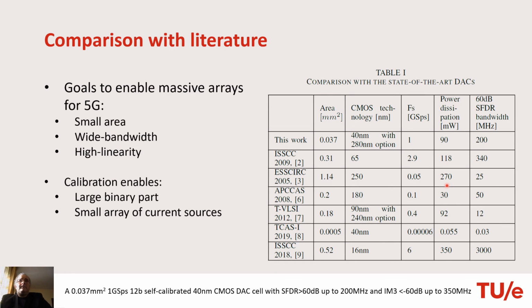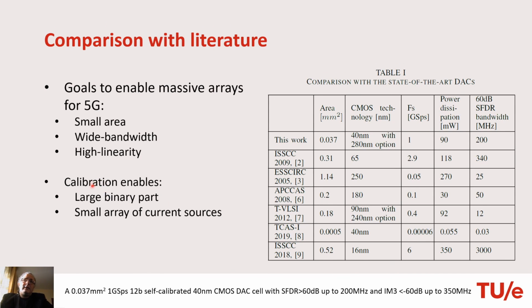This is, of course, as shown, enabled by the calibration, and the calibration actually allows us first to use large binary segmentation part, which makes the whole architecture of the D2A converter very efficient in both resources, area, and power consumption.